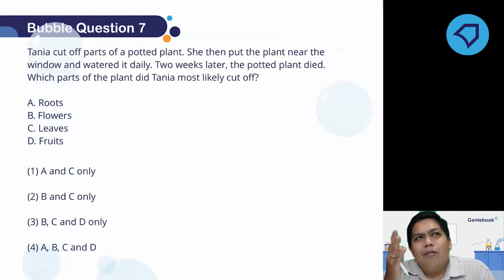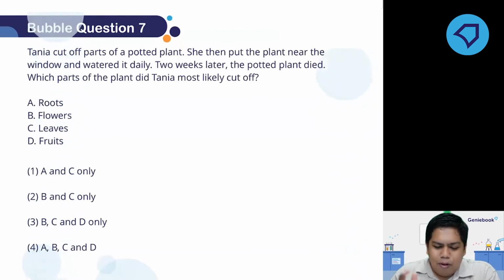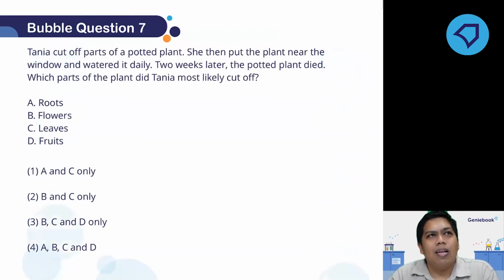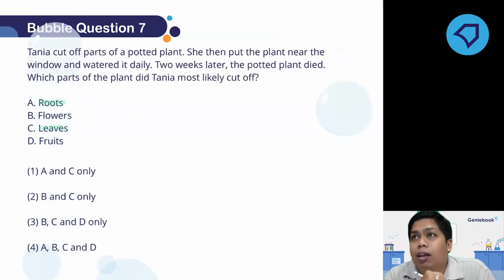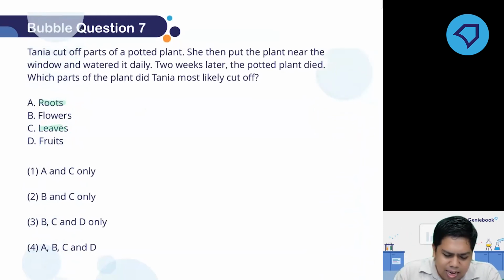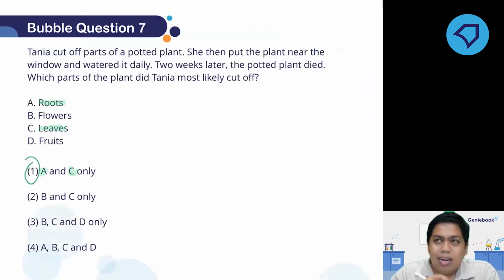When we talk about the other parts, if you cut them off, it actually doesn't really matter because they will develop again or be produced again. Like flowers and fruits, they will develop again, no problem. Therefore, the important parts here are the roots and the leaves. So that's the answer, A and C only. So it is option 1.